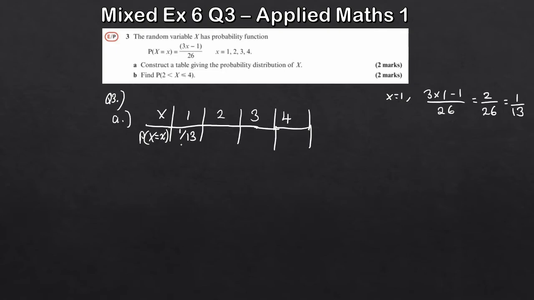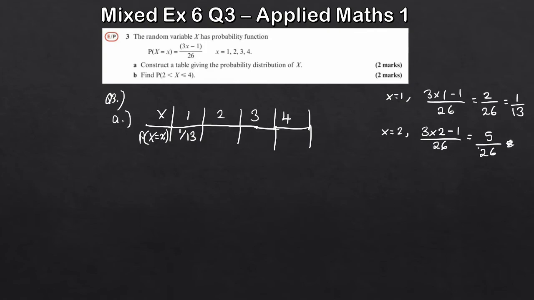I'm going to write them all in their exact form here as a quotient. I'm not going to bother writing this in decimal form just to not end up with loads of decimal places here. When x is 2, for example, if we just do this one as well, this would be 3 times 2 minus the 1 divided by 26. So that's 6 minus 1, so that's 5 over 26 there. Okay.